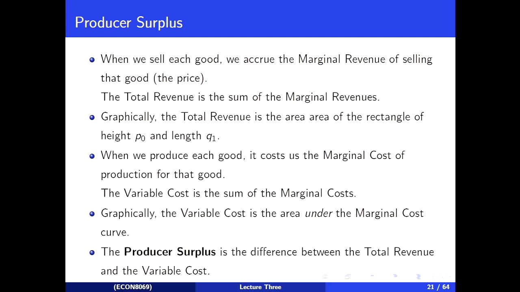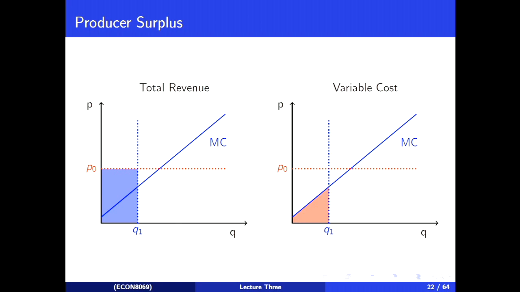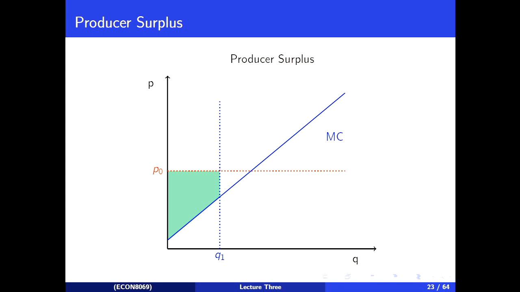Producer surplus is then the difference between the total revenue and the variable cost. So when we talk about producer surplus, it is different than profit. It's the gap, the difference between total revenue and variable cost. And in this instance, at a price P0 and quantity Q1, this is going to be our producer surplus.